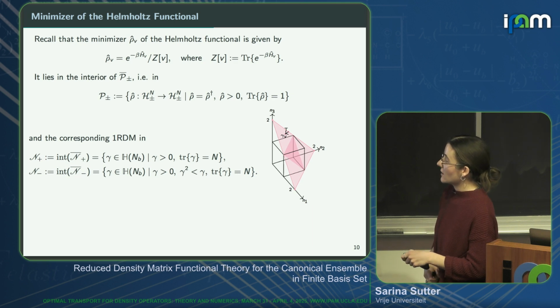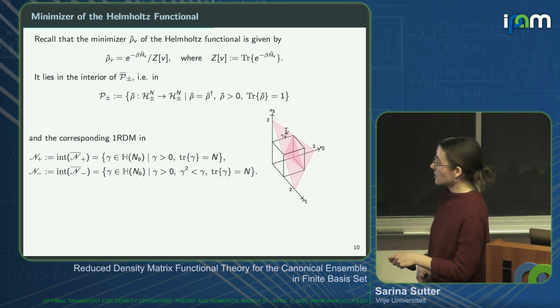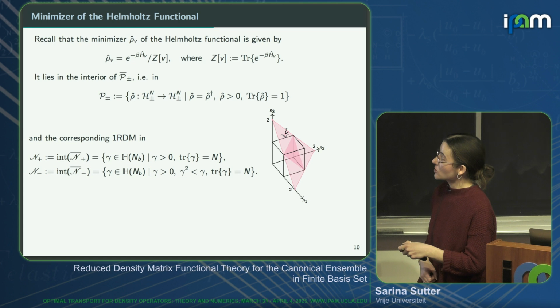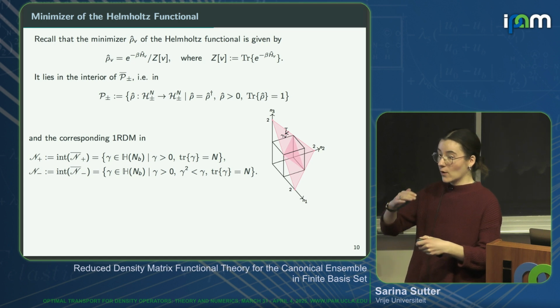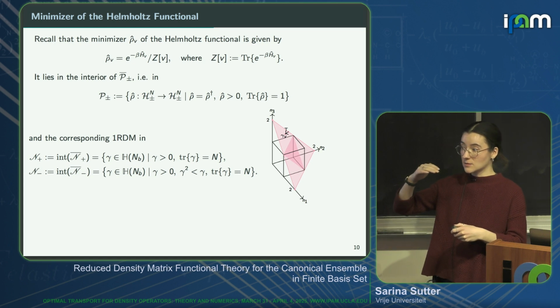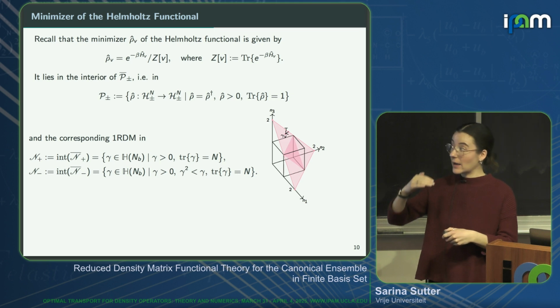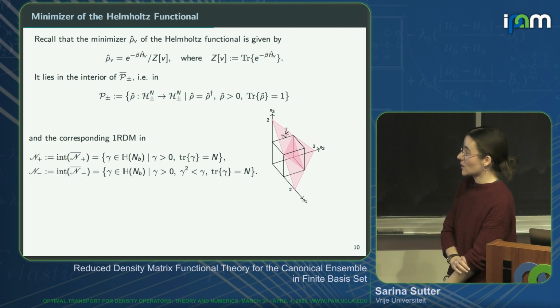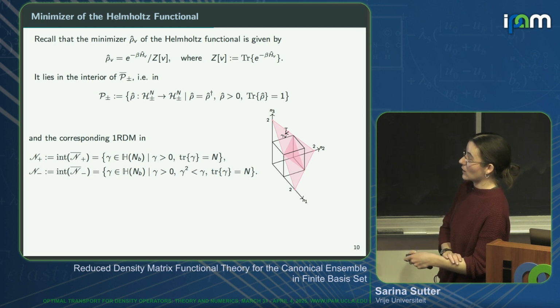So here again is the picture with 3 basis functions and 2 particles. And this is due to the temperature. Because we have temperature, we occupy all possible excited states, at least by a little bit. And this causes us to go for sure from the boundary to an interior point. So this is a property of including temperature.